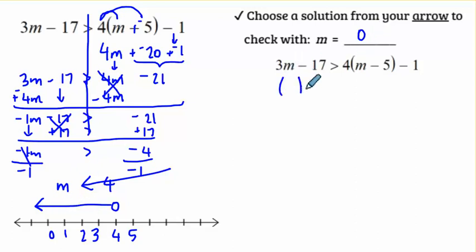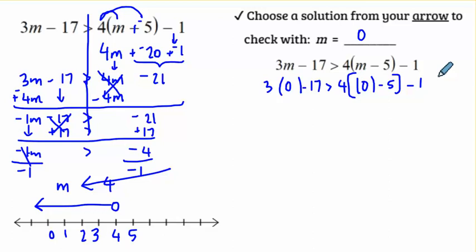I'm going to put parentheses wherever my m's are and 0 inside. And everything else is going to come down. So my 3 and my minus and my 17 and my greater than symbol and my 4. Instead of parentheses though, since I already have parentheses, I'm going to make these into brackets. And then minus 1.